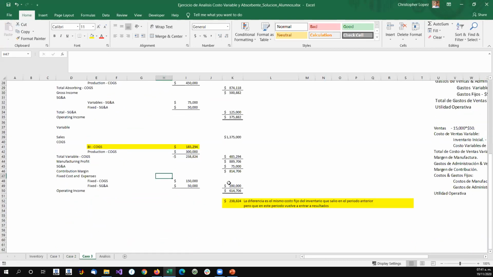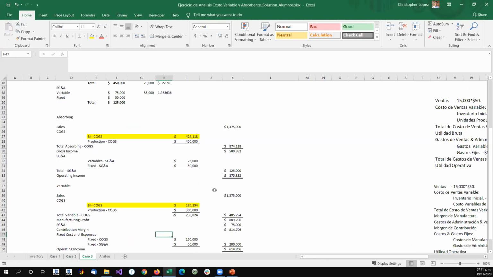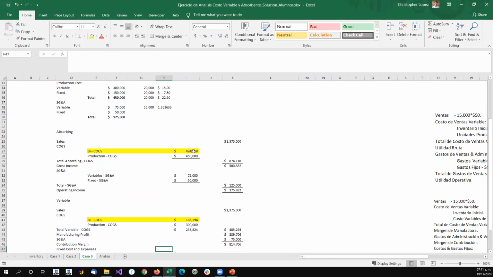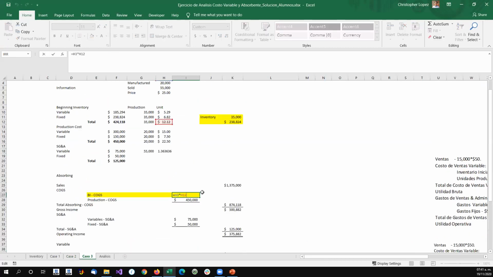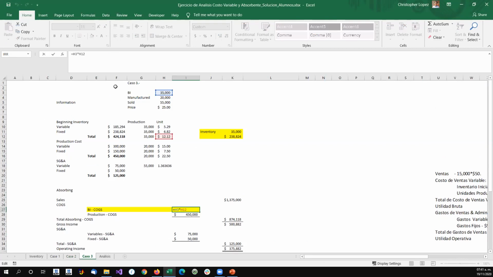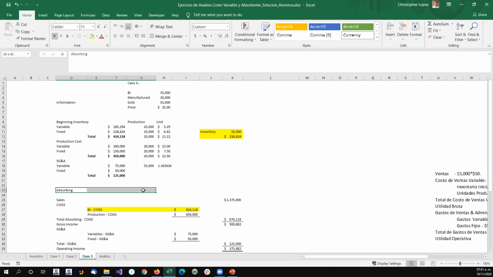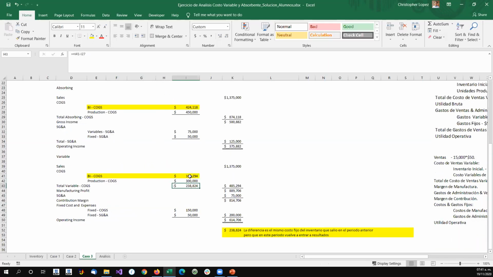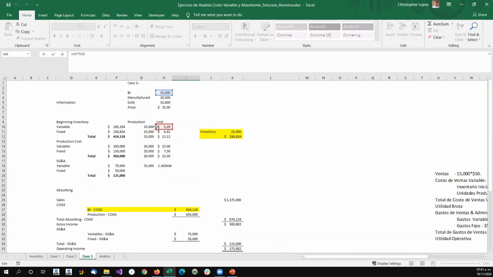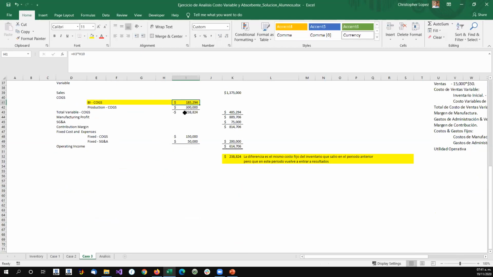So what you need to do is the same as in the previous one, with a minor difference that this time you needed to evaluate your beginning inventory. Instead of subtracting an inventory going back to the balance sheet, you were adding an inventory. And as you all did correctly, you choose the total cost to evaluate that in the absorbing, which is correct, and you only choose the variable cost to evaluate here, which is also correct. And well, ignore this number.